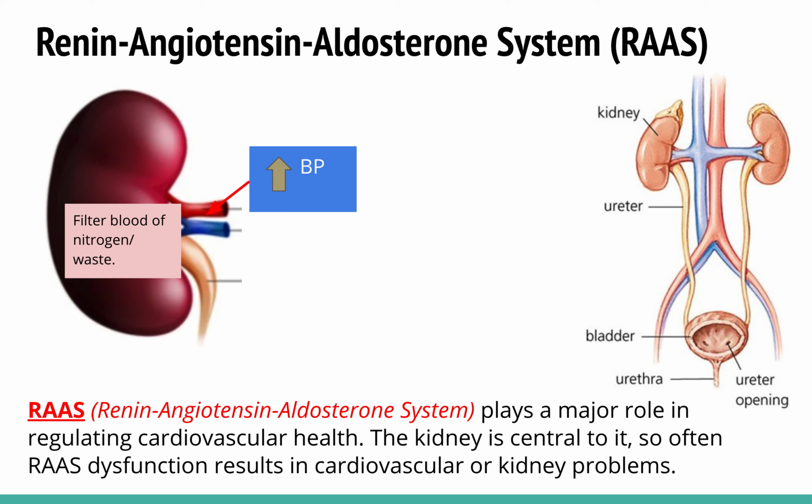Now, this is an incredibly complicated system that involves a lot of steps, and I'm not going to go really into it, but what you need to understand is it plays a major role in regulating cardiovascular health, and the kidney is super central to it. So often RAS dysfunction results in either cardiovascular problems, which are blood vessel and heart problems, or kidney problems.